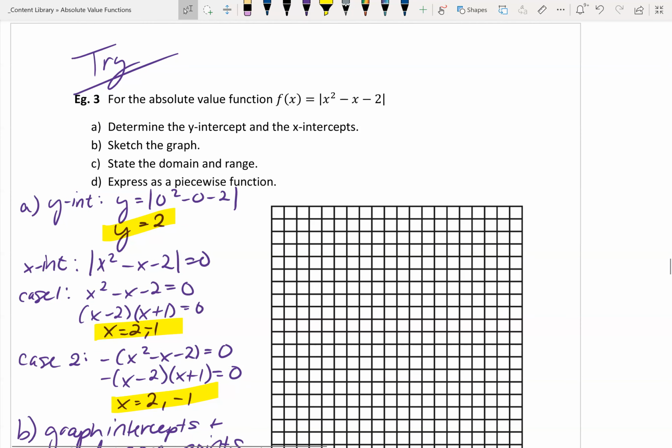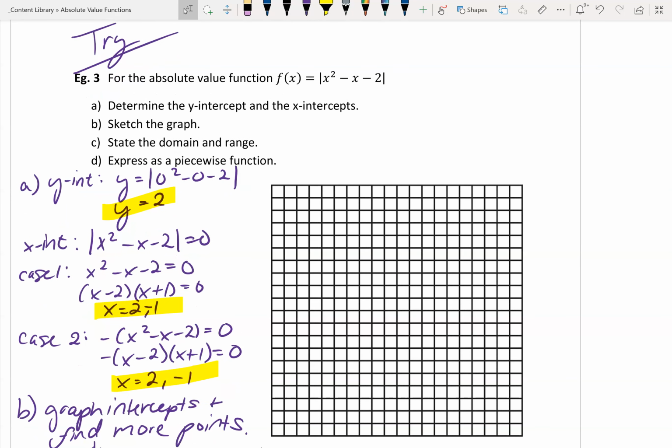Then we can go ahead and graph this. So here's our y-intercept. Here are our x-intercepts.